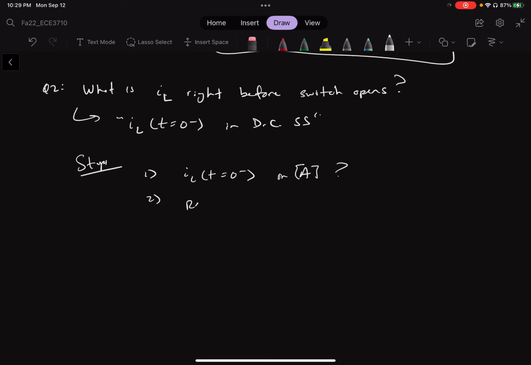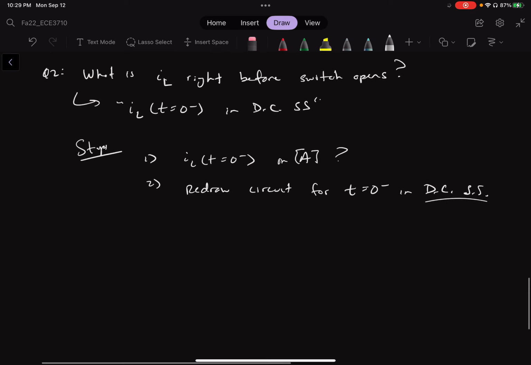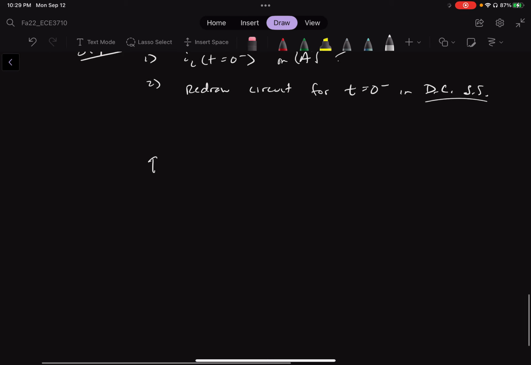Second, redraw circuit for t equal to 0 minus in DC steady state. In DC steady state, the inductor becomes a wire. Let's redraw our circuit. We have a current source, a resistor. The switch is closed because we are in time equal to 0 minus. Switch closed.